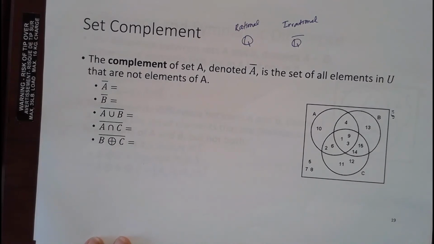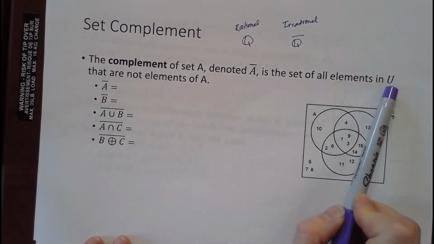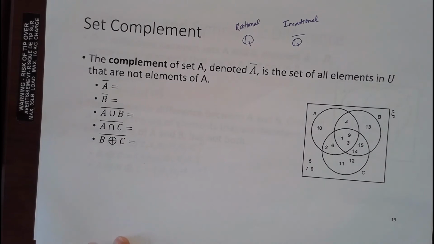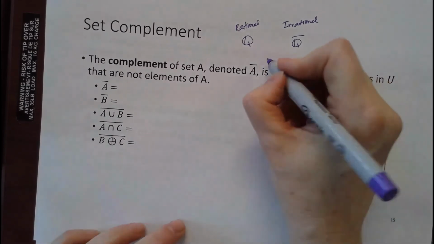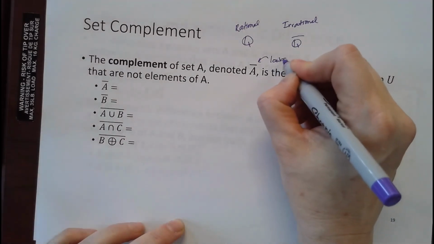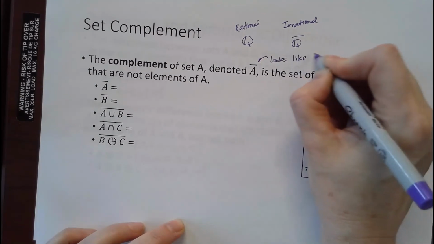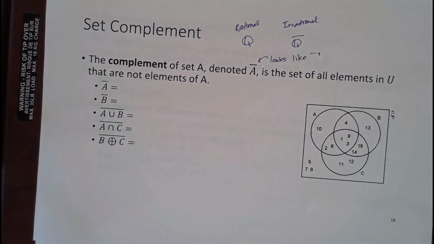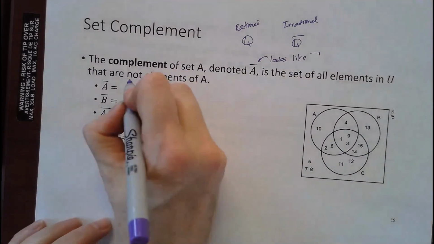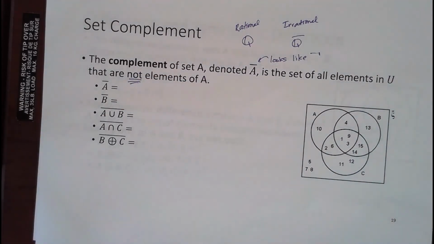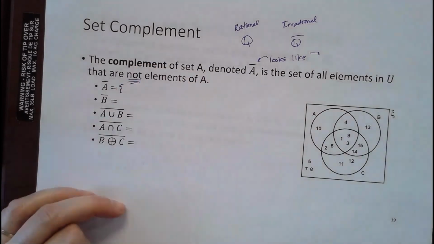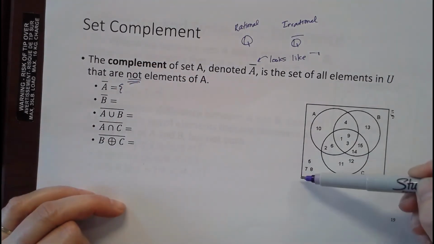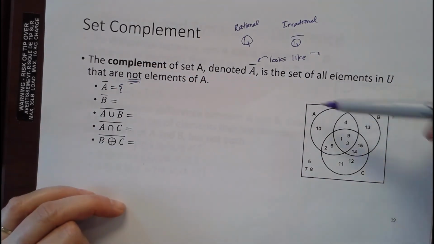It is the set of all the elements in the universe that are not in A. Notice this kind of looks like that, right? So it's like the not operator. My universe is everything in this rectangle.